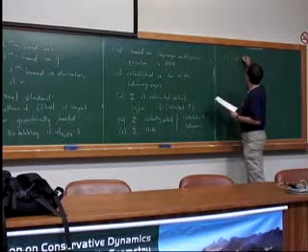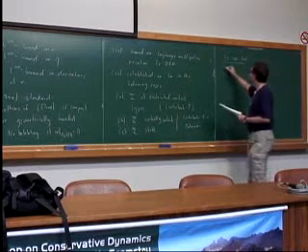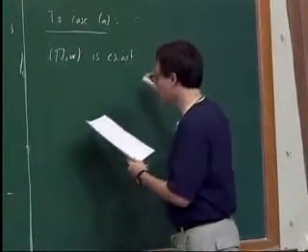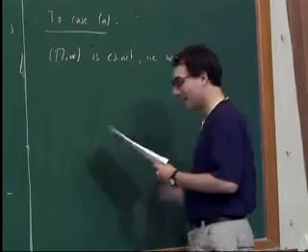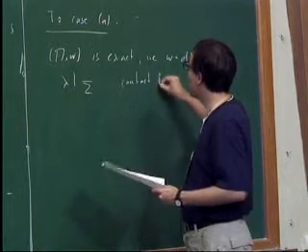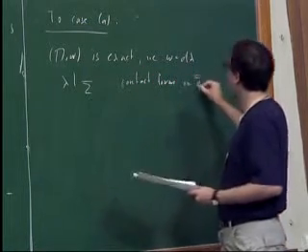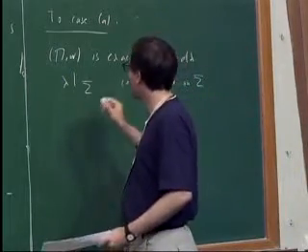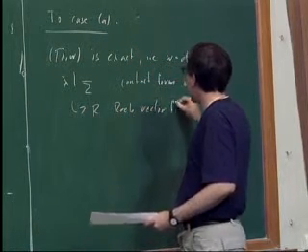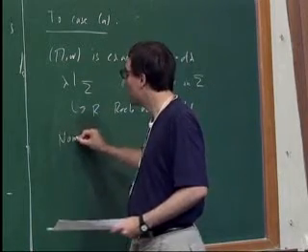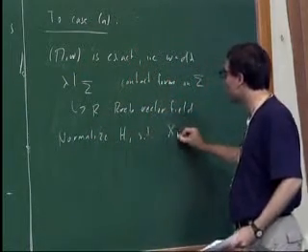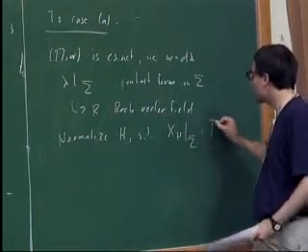In the restricted contact type case, omega is exact, meaning that omega equals d lambda, and the restriction of lambda to sigma is a contact form on sigma, and then we have the Reeb vector field, and let's normalize H such that the Hamiltonian vector field of H restricted to sigma is just the Reeb vector field.